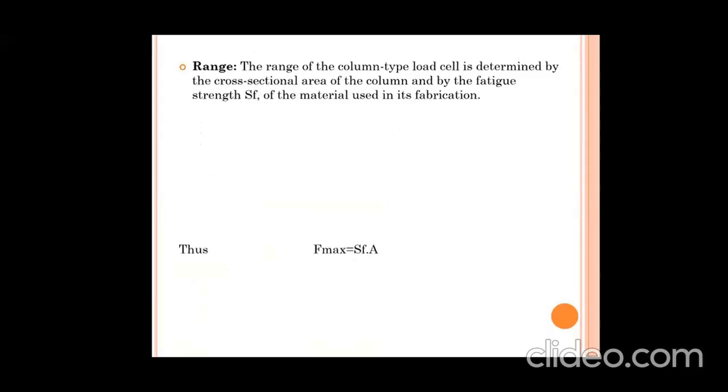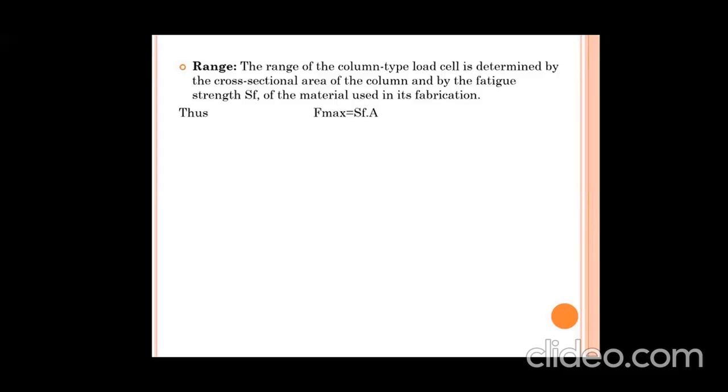The equation is in terms of force, so the maximum force can be calculated using the strength of the material and cross-section area of the column. If these two factors are known, then you can calculate the range for the strain gauge load cell. Remember, the maximum force handled by that load cell is defined by the strength of material and area of cross section.